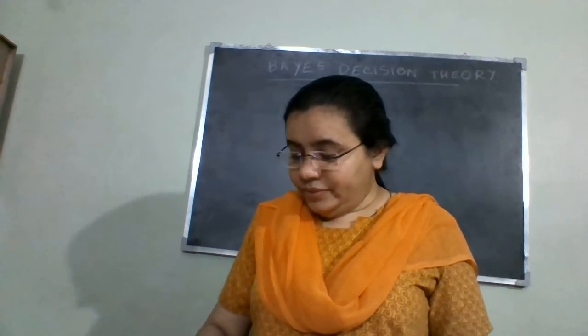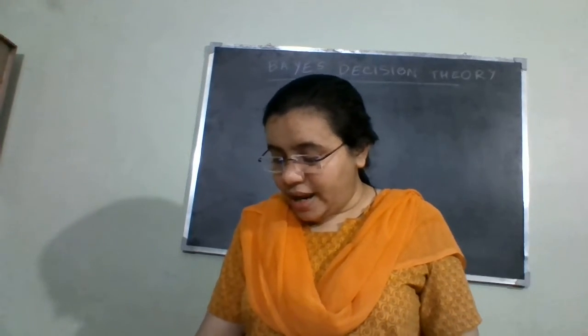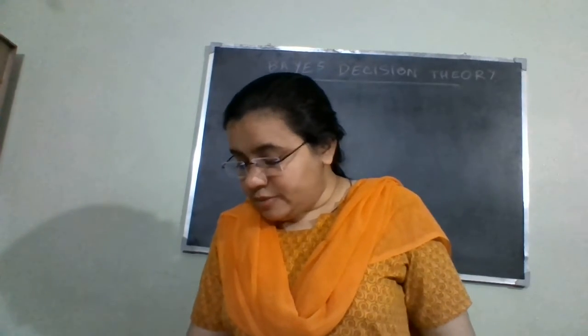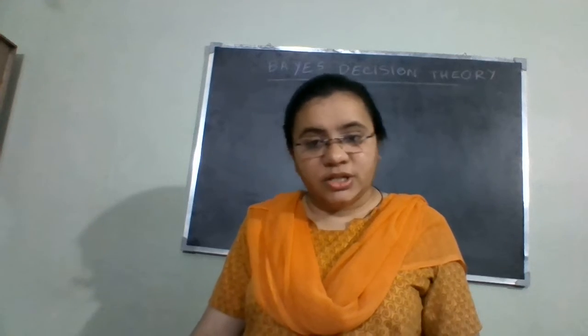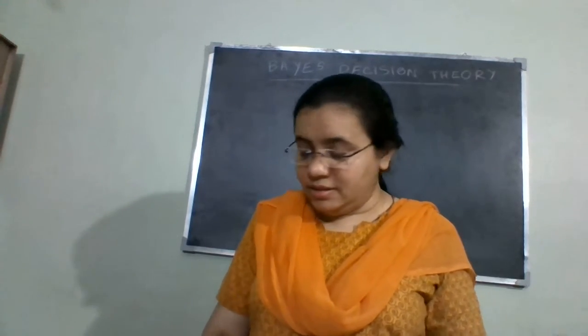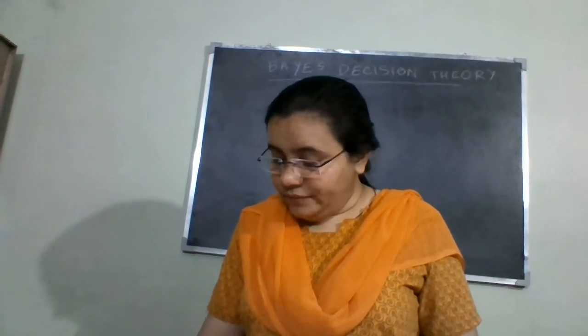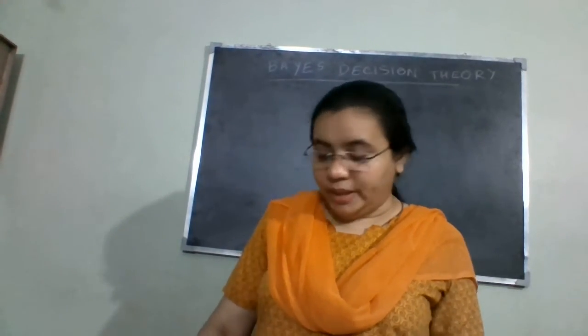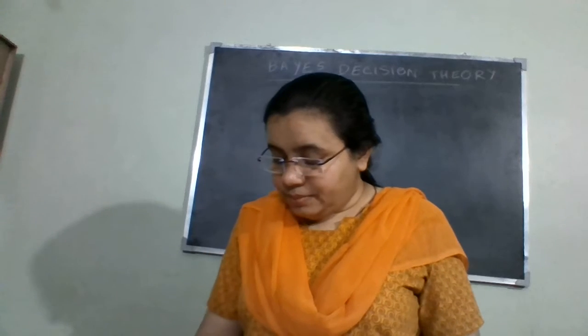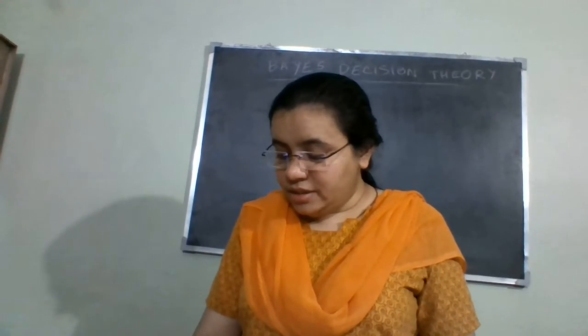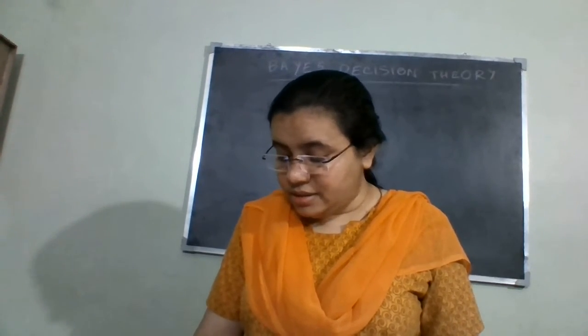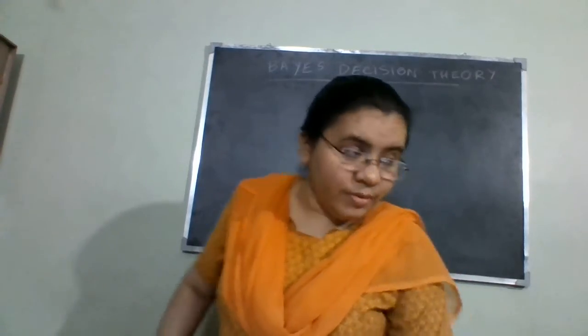If this is clear, then I start reading. Here, action alpha 1 corresponds to deciding that the true state of nature, already explained, true state of nature means the class itself, is omega 1, and action alpha 2 corresponds to deciding that it is omega 2. For notational simplicity, let alpha ij be equal to lambda ij, equal to lambda(alpha i | omega j).